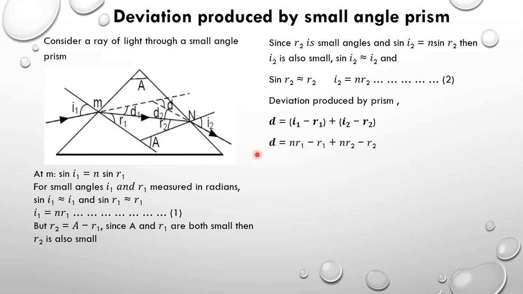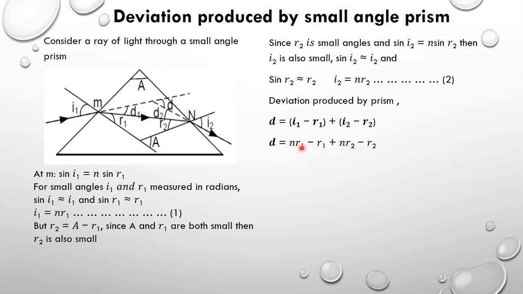Then replace for I1 and I2. We have I1 from equation 1, then from equation 2 we have I2, which we shall replace here. Then we shall first of all collect the like terms. We factorize out R1, and we shall have N minus 1, and when we also factorize out R2, we shall have N minus 1.